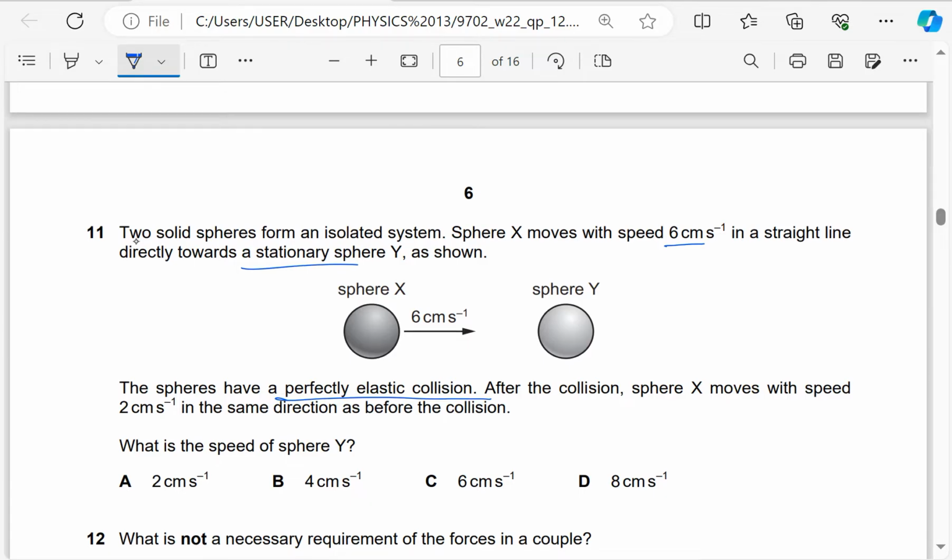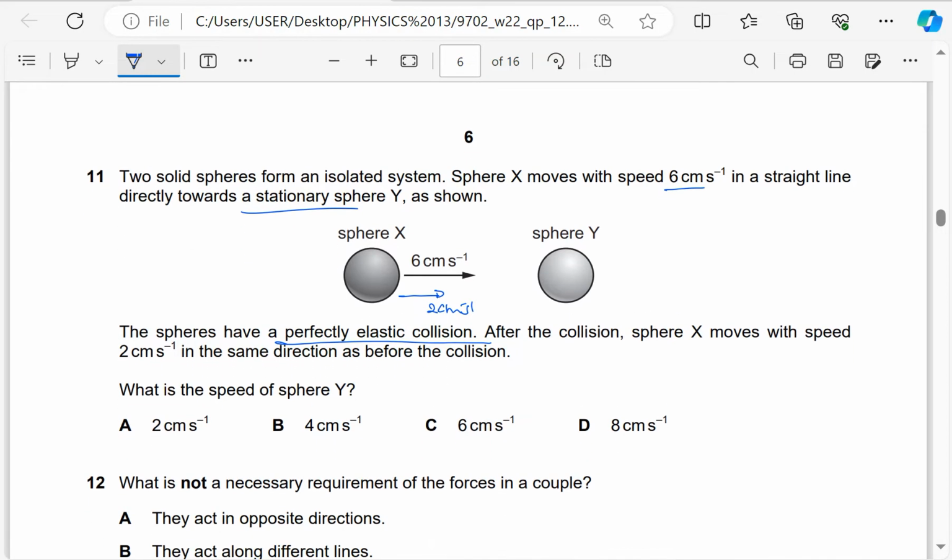After the collision, sphere X moves with the speed 2 centimeters per second in the same direction as before. Then sphere Y moves with a speed which we don't know, so call that one V. So relative speed of approach should be equal to the relative speed of separation for a perfectly elastic collision.